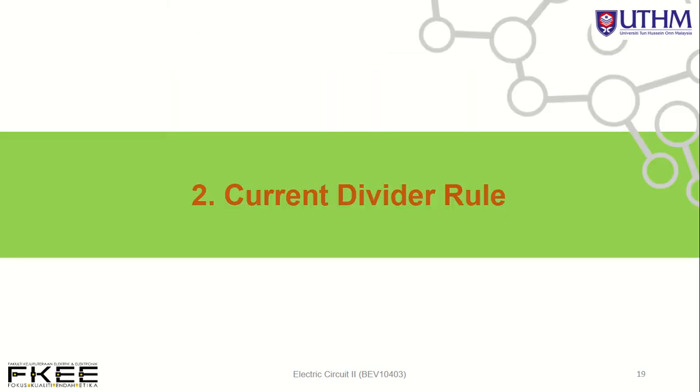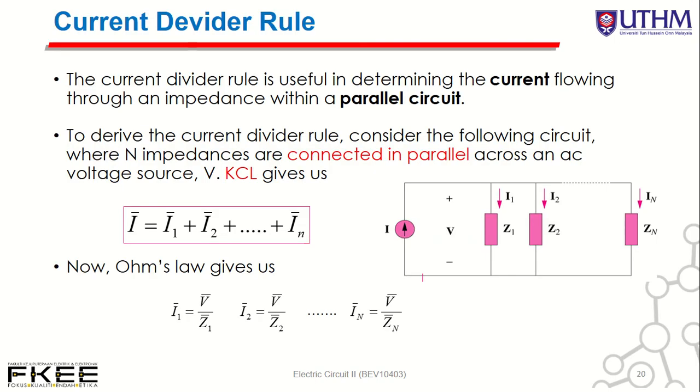So next we will discuss the current divider rule. First of all, we try to derive the equation of the current divider rule. The current divider rule is basically useful in determining the current flowing through an impedance within a parallel circuit. Let's say we have a current supply connected to Z1, Z2, Z3 until Zn in parallel.